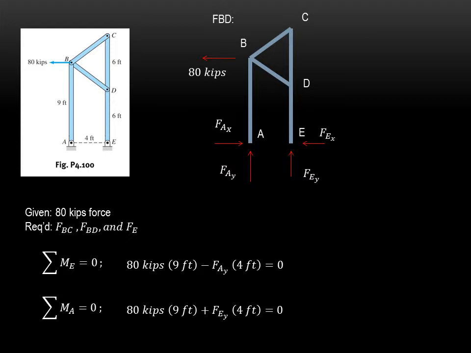F sub ay is equal to 180 kips, and F sub y is equal to negative 180 kips. The negative value indicates the wrong direction.